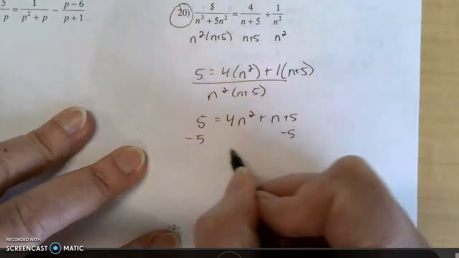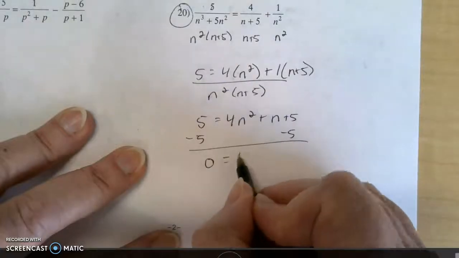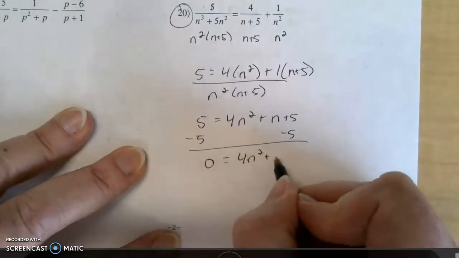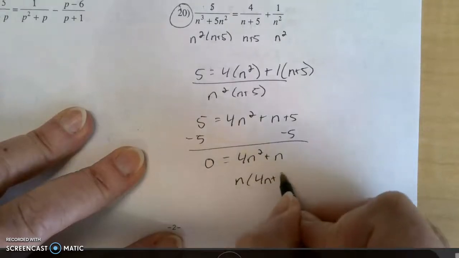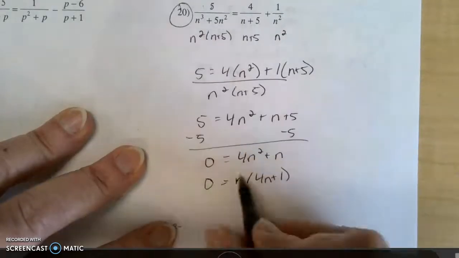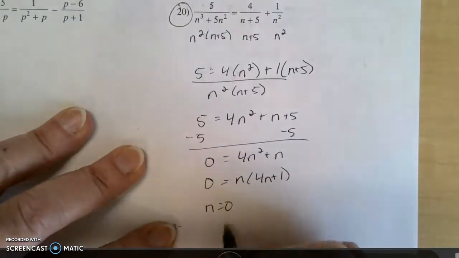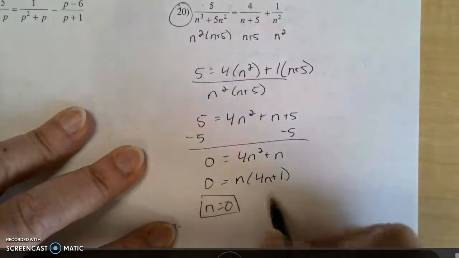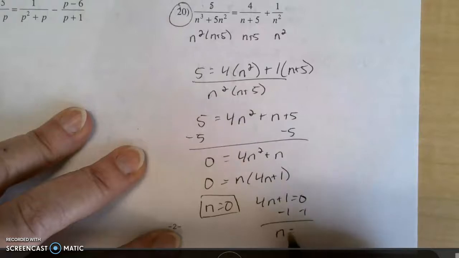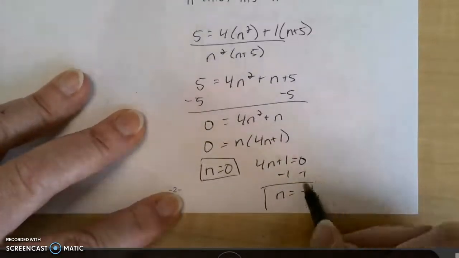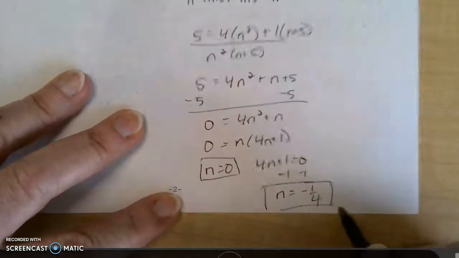Anytime you have a squared, it needs to equal 0. Then I'm going to factor it. So I have n equals 0 and n equals negative 1/4. Now I check.